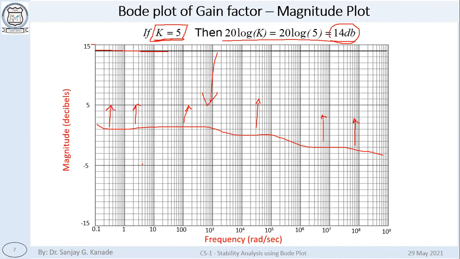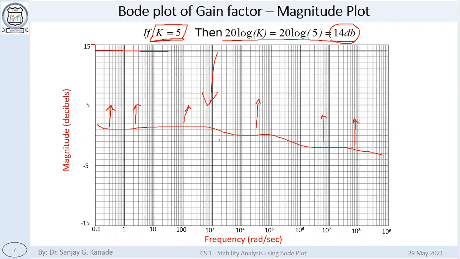Only thing is, at every location the value of gain has been increased, so the magnitude will increase at every value of frequency. Means the magnitude curve will shift upwards. Similarly, if we reduce the gain, the magnitude curve will shift downwards.